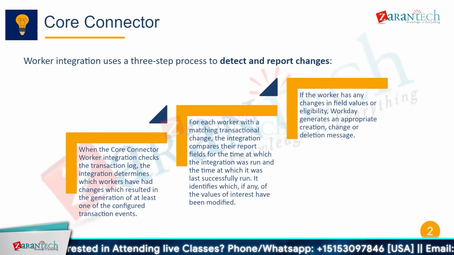So worker integration uses a three-step process to detect and report changes. So when the core connector worker integration checks the transaction log, the integration determines which workers have had changes which resulted in the generation of at least one of the configured transaction events. The second step would be, for each worker with a matching transactional change, the integration compares the report fields for the time at which the integration was run and the time at which it was run last successfully.